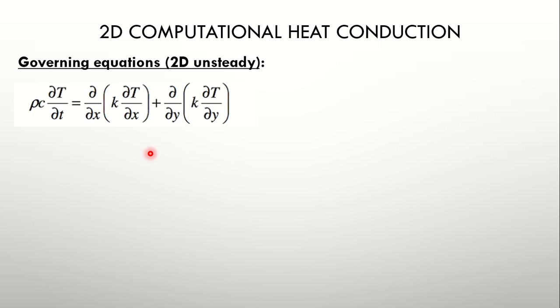How do you convert these into algebraic equations? We take advantage of the Taylor series approximation. In the Taylor series approximation you get T at x plus h equal to T of x plus f dash, that is nothing but ∂T/∂x into delta x, something like that.